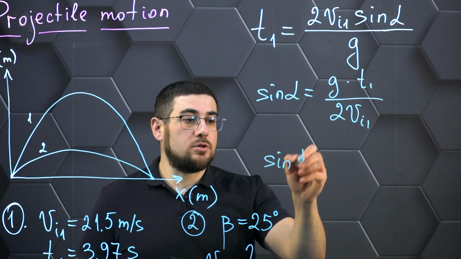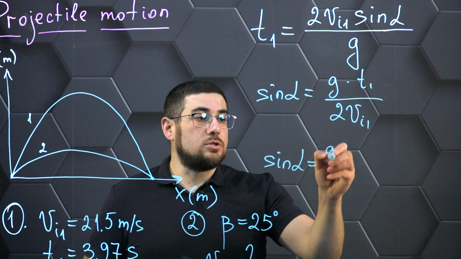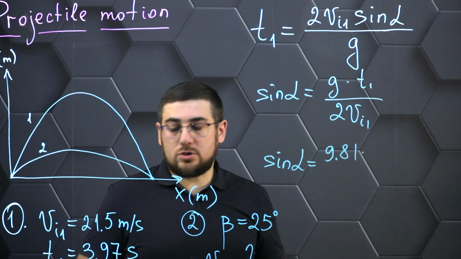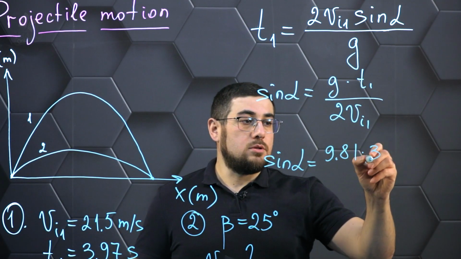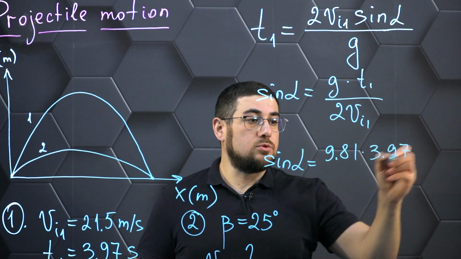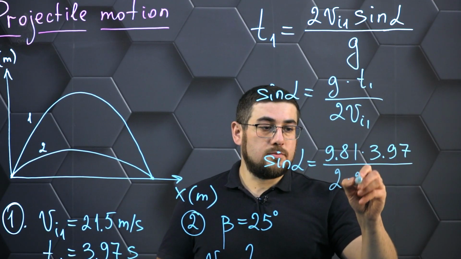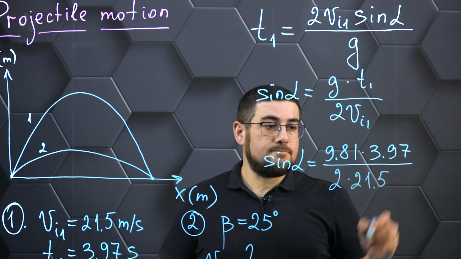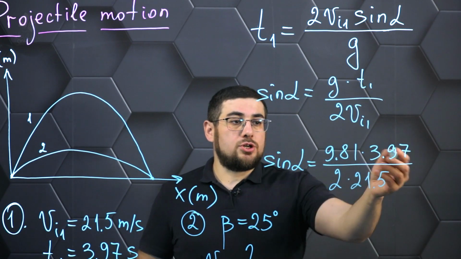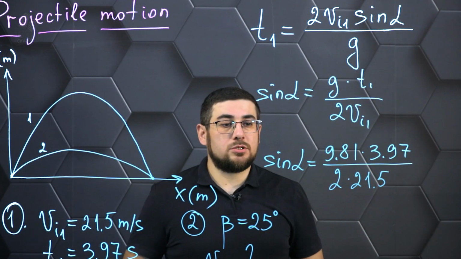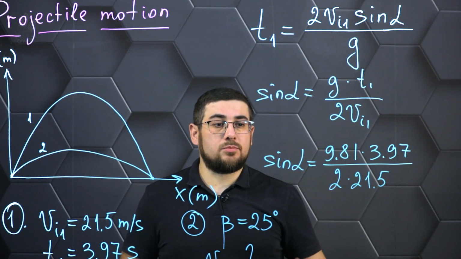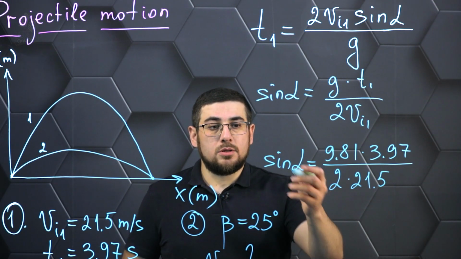Okay, we've got the formula. Let's put a value on it. So g is 9.81 times the throwing time, 3.97, and divide by twice the initial velocity. Here the top and bottom have the dimensionality of velocity, which means it's going to cancel, so that leaves a dimensionless value.